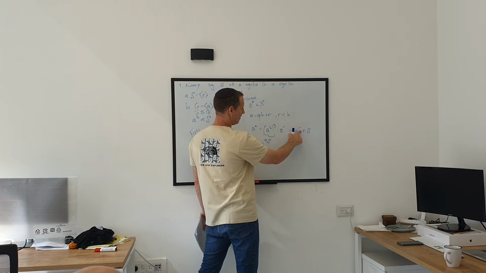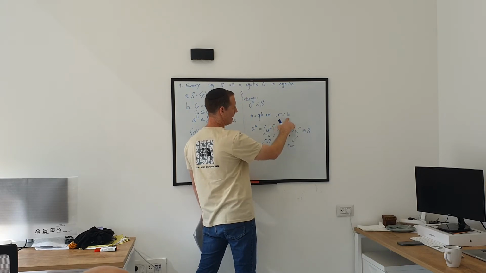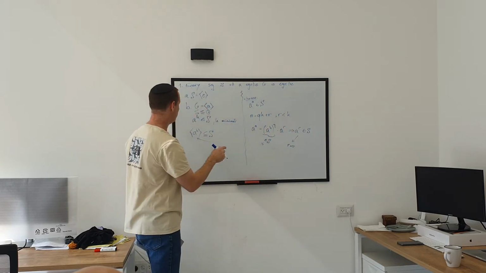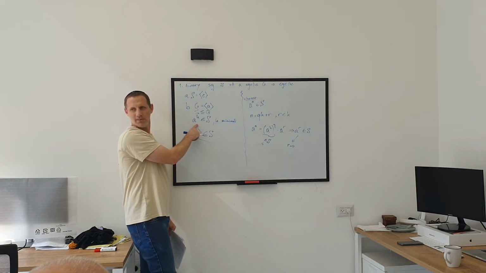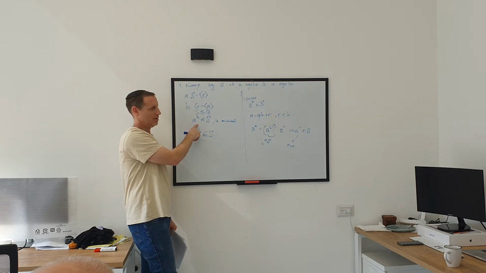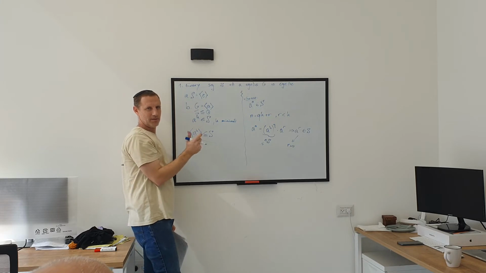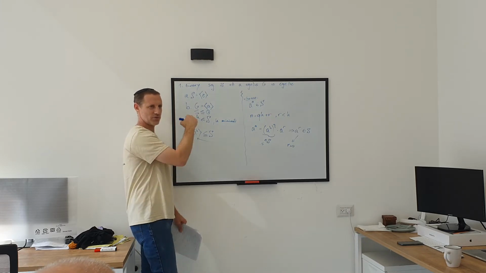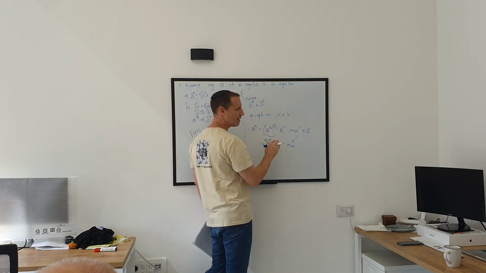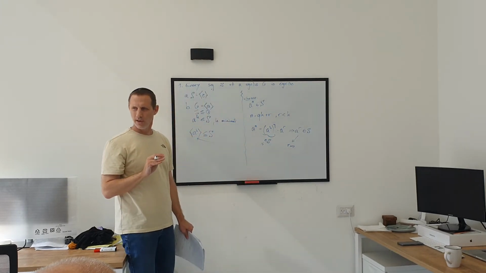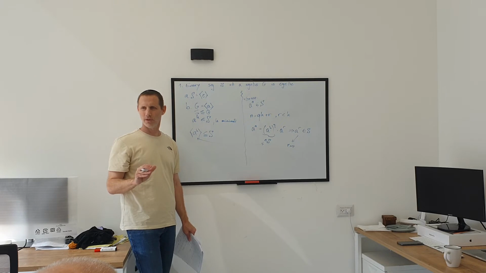But if it's not, then R is less than K, but when we started, we said that K is minimal. That's how we built this. So it can't be. Otherwise we have a contradiction with our construction. So that means that R has to always be 0.